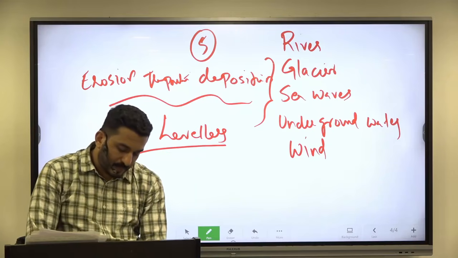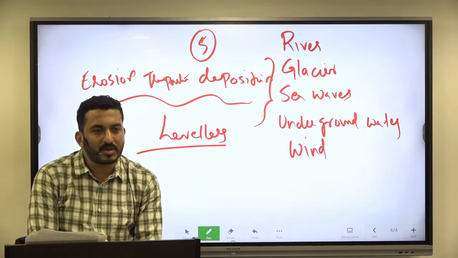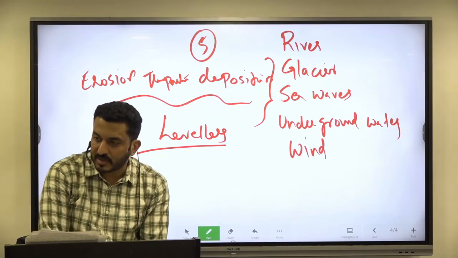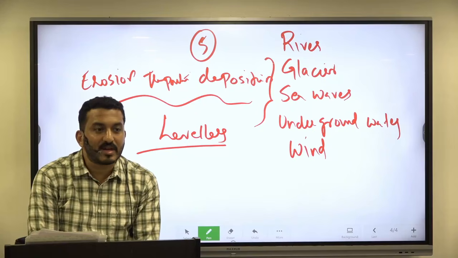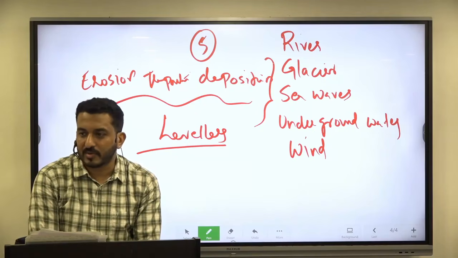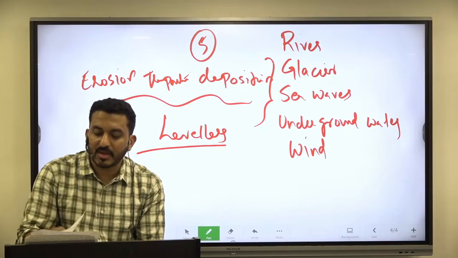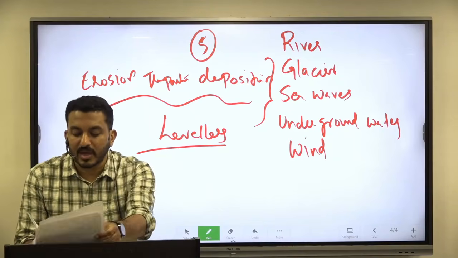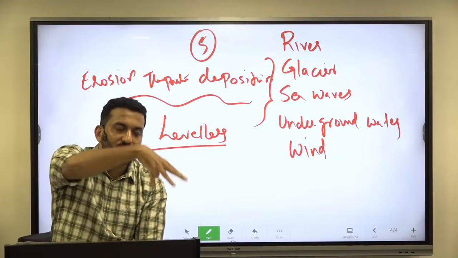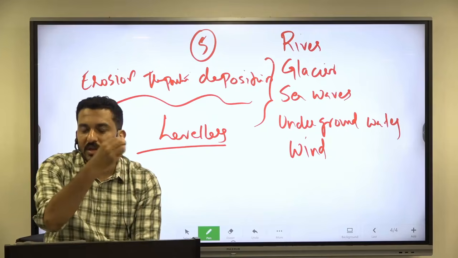Now, we have learned that any physical feature on the Earth's surface is the resultant of the action of endogenic and exogenic force. Any landscape is the resultant of endogenic and exogenic force, which keep on acting simultaneously.